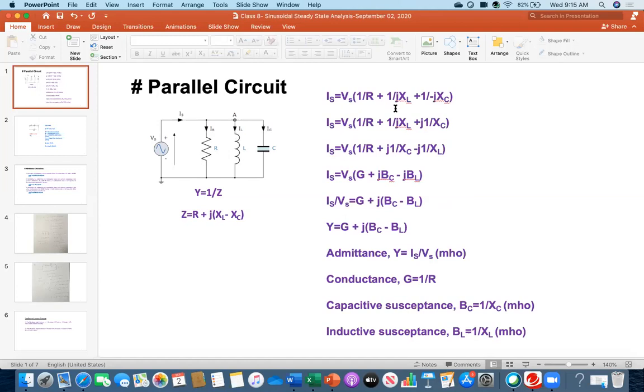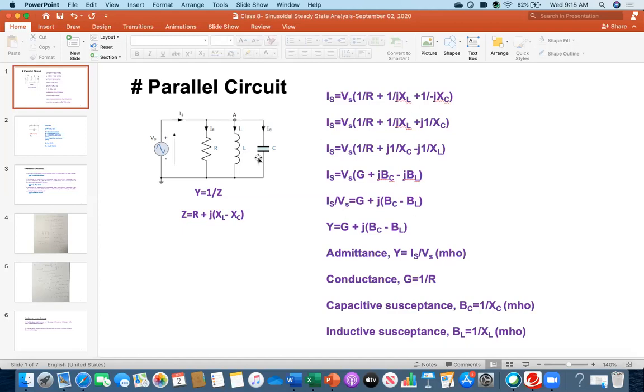Look carefully at the next term. It is not directly 1 over L. It should be 1 over jXL. Everybody remembered, in the last class we derived how to express the impedance or reactance for the inductor. That was j omega L, which means jXL.